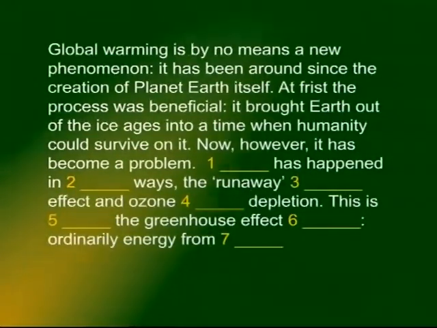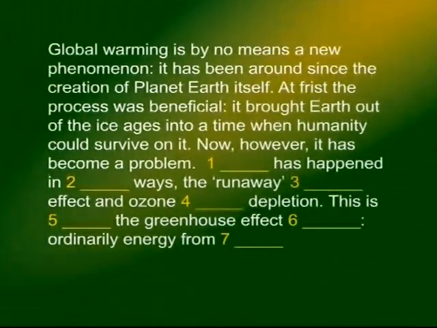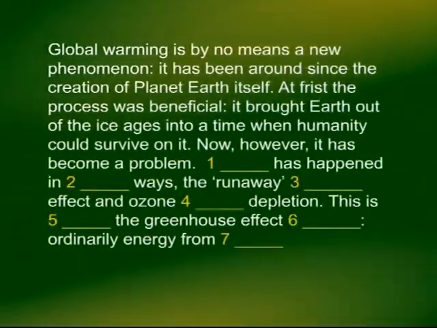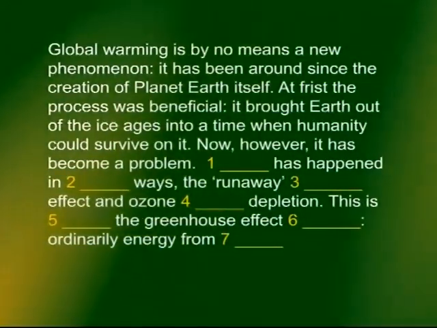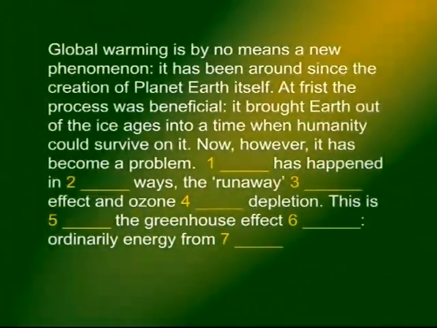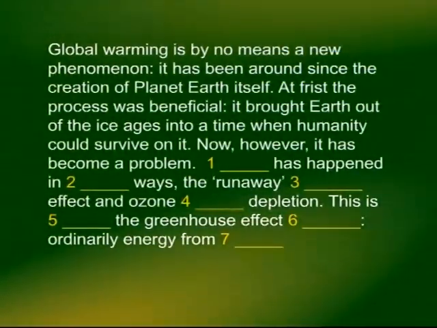Remember, in the past lectures we've been talking about how you use references, how you use connectives. So here he's talking about the problem. How has it become a problem? And the word will be this. This has happened in ways.